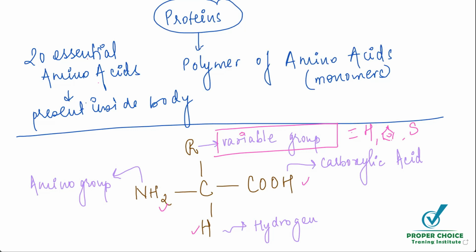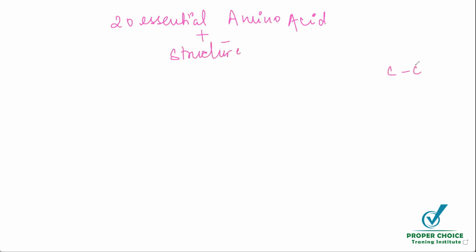So what you would do, one homework from my side, just figure out the names of these 20 essential amino acids. Okay, it's available on the internet. You can easily go through these 20 essential amino acids with their structure. So in their structure, you know now, the only difference which will be there will be in the variable group, right?